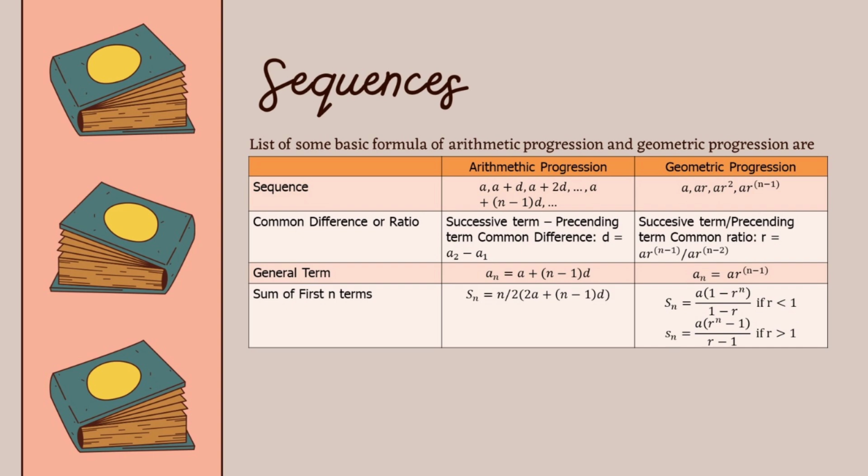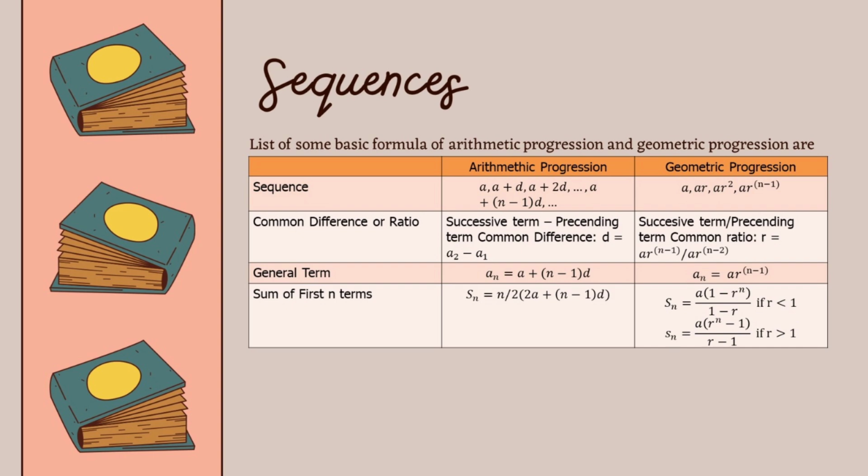For the geometric progression, a, a times r, a times r to the power of 2, a times r to the power of n minus 1.